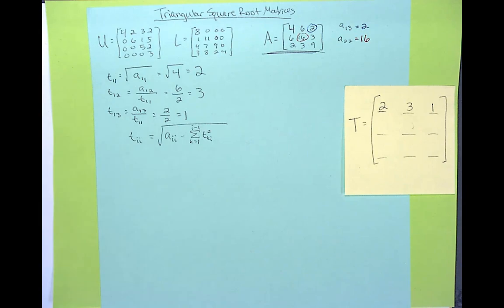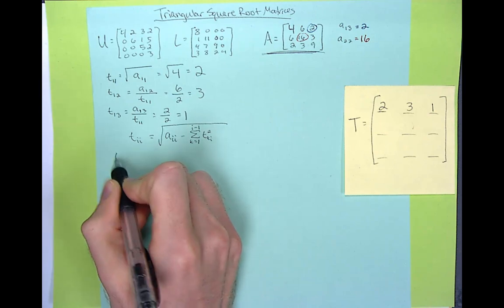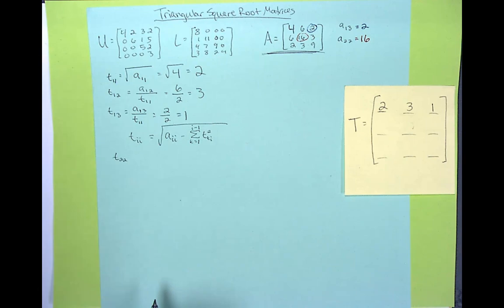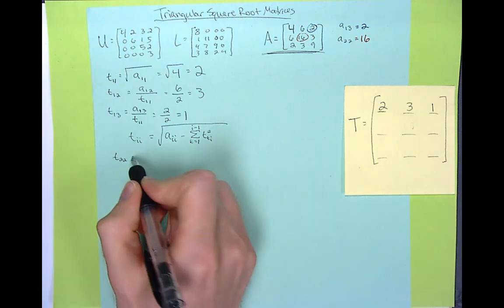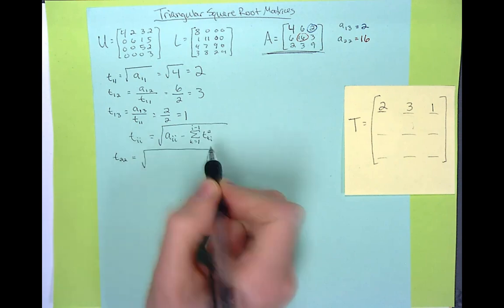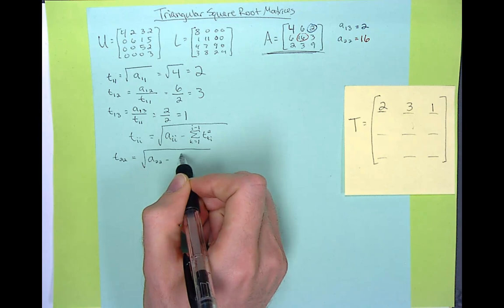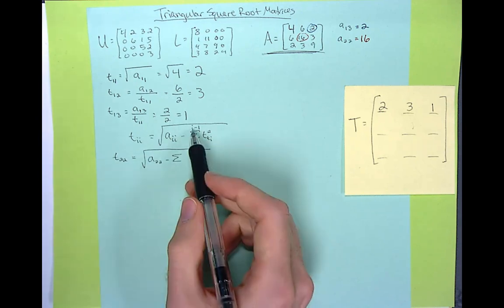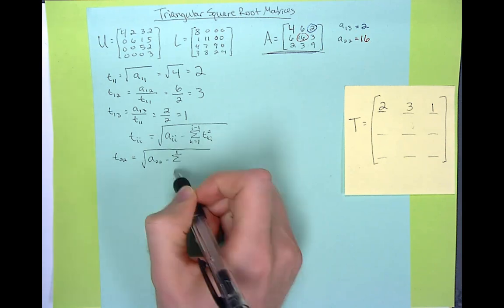So what am I talking about? It always helps if we do an example. T subscript 22, the second row, second column, will be equal to the square root of A22 minus, we know i is equal to 2, so i minus 1 will be 1.